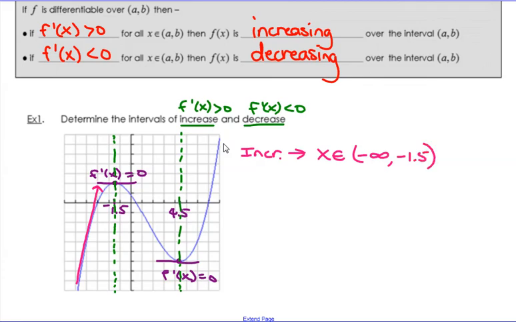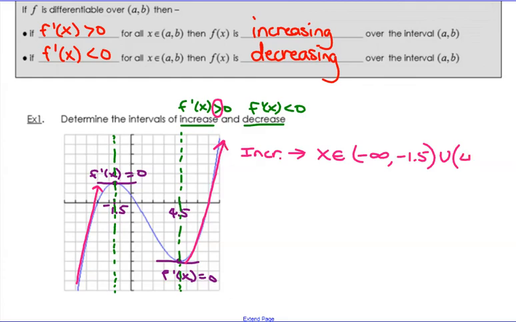So we put the round bracket because at exactly negative 1.5, you have a slope of 0. So that doesn't really count if it's just greater than 0. Okay, we also have this side of the curve. Any of the slopes on this side of your curve going from left to right are all going to be positive as well.